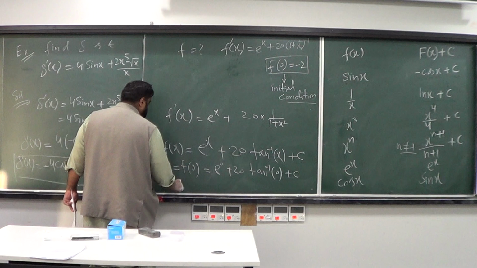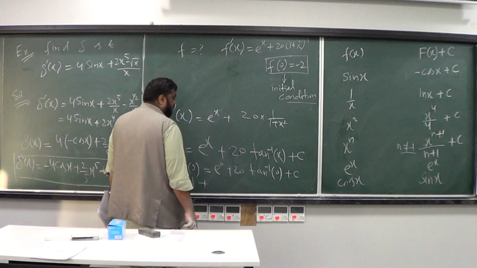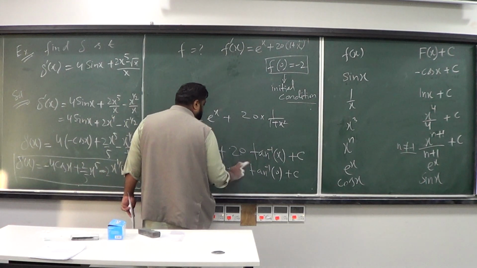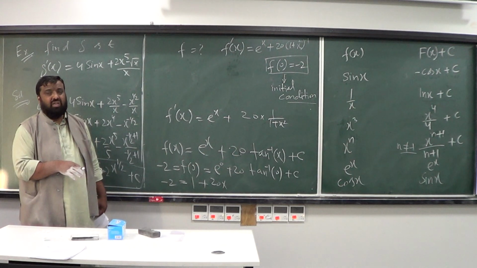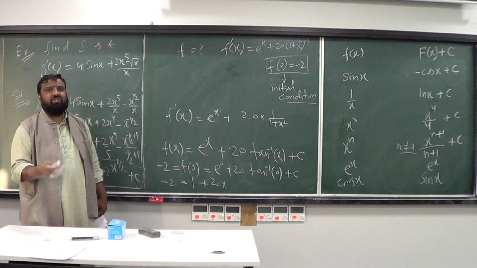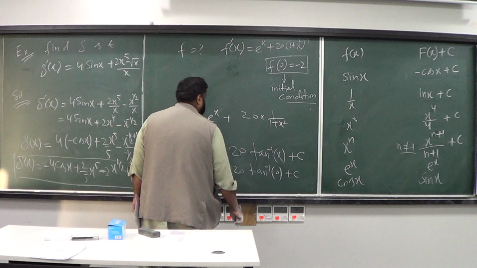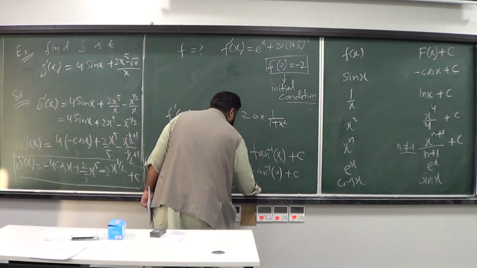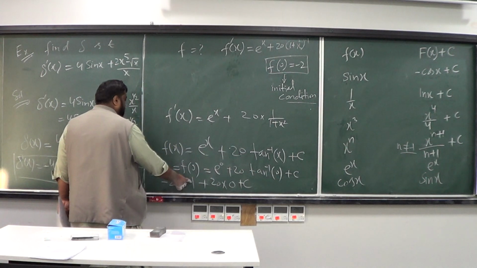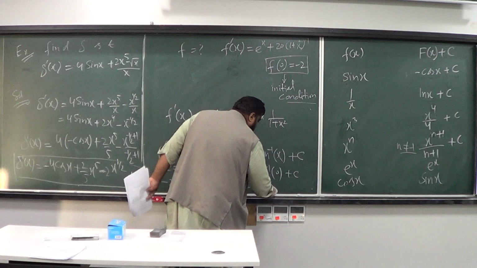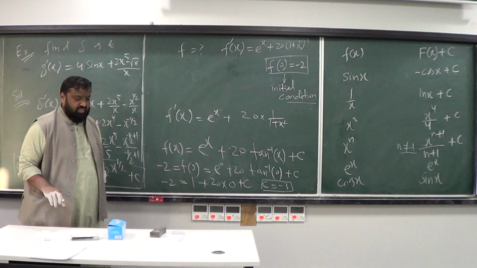So minus 2 equals e to the 0, which is 1, plus 20 times tan inverse 0. What is the angle whose tangent gives you 0? It is 0 actually, plus the constant c. So this becomes 0, and we have 1 plus c. If you take this 1 to the other side, c will become minus 3.